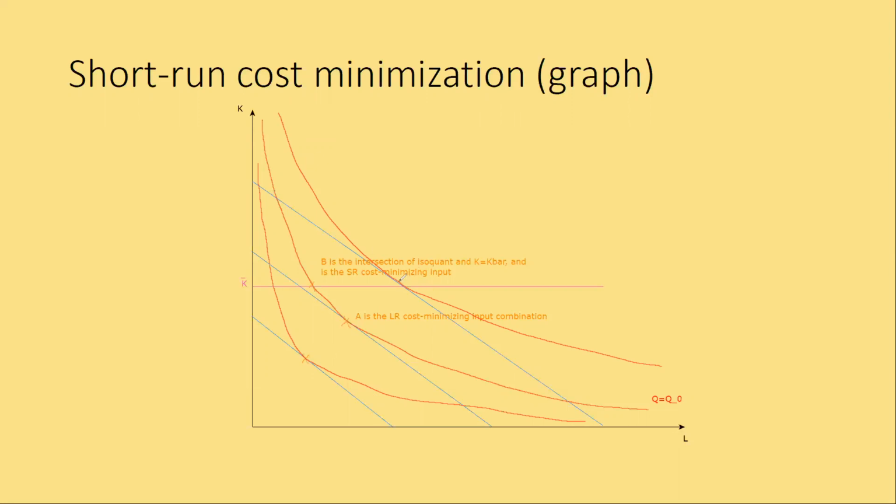So this is the optimal point. This is the long run expansion path. Let me first use a different color and also move this to a different place, and let me use an arrow to point it to this point.